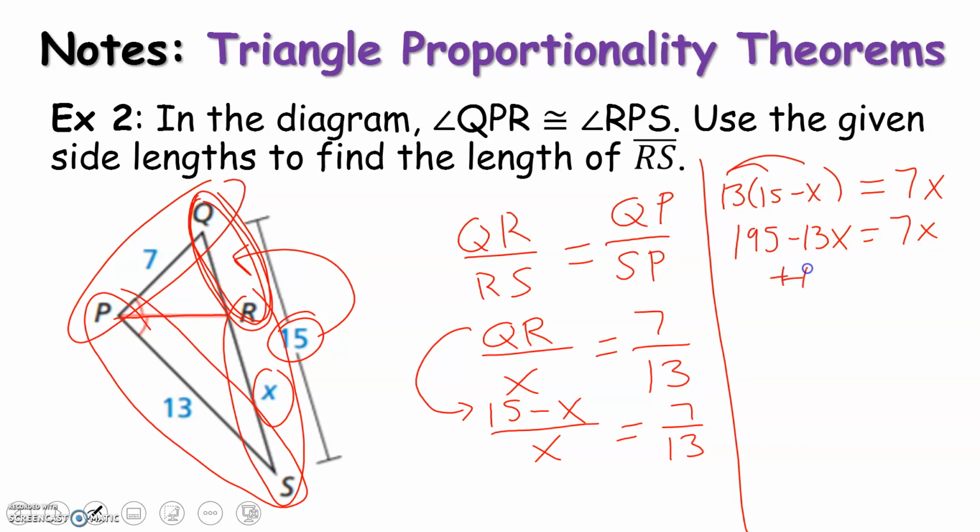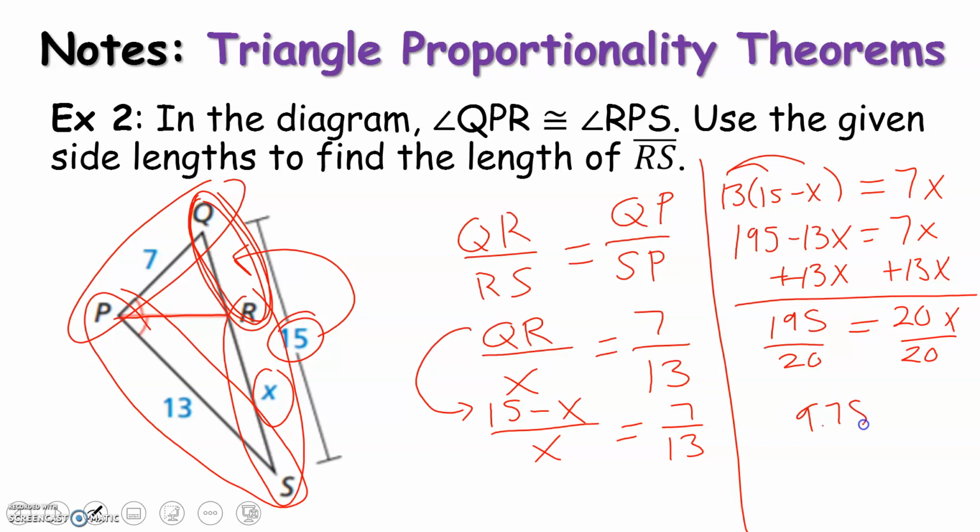Getting all the X's on one side of the equation, we'll add 13X to both sides. We get 195 is equal to 20X. Dividing both sides by 20, we get that 9.75 is our X. And that's it.